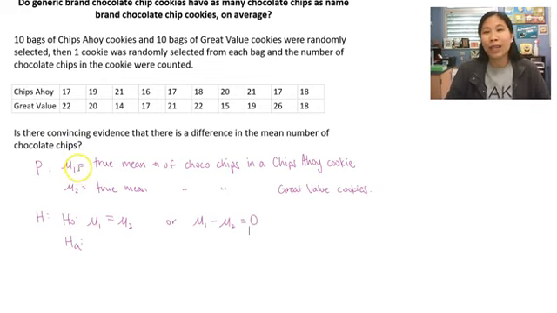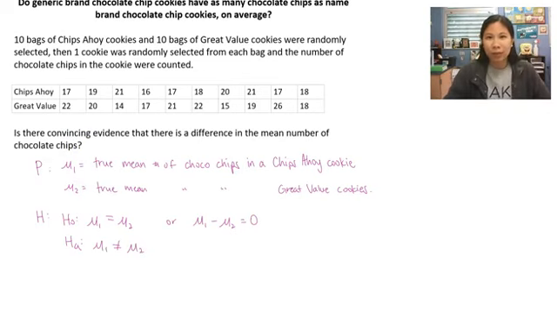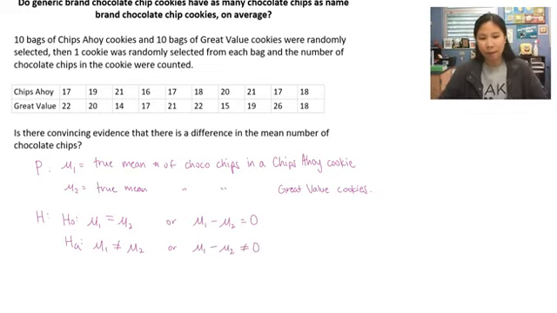I don't care which one's bigger, I just want to know, is there a difference? So we just need to know if they're not equal to each other, because we don't care whether that's greater than or less than. So the other way to write it, we can say mu1 minus mu2 does not equal 0. So that would be our hypotheses.